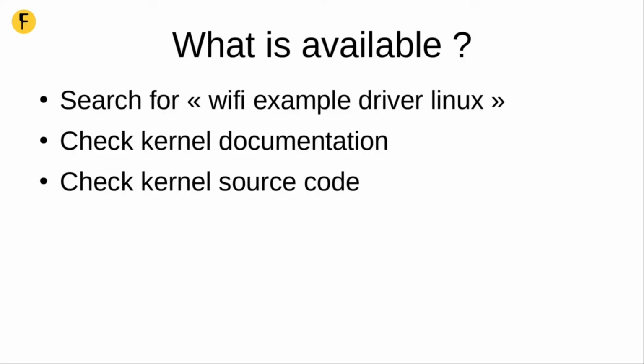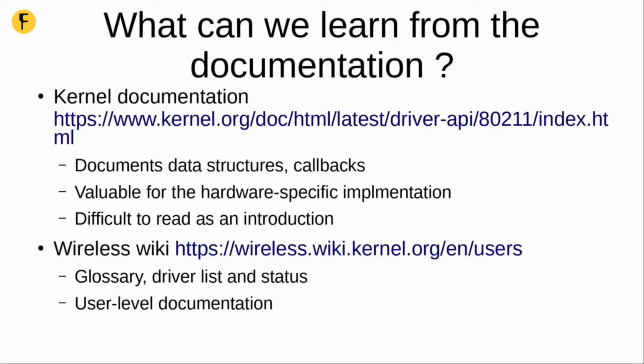Let's look into what is there in the kernel documentation. First, we do have the driver API documentation, which is quite detailed. We have a documentation of the data structures, callbacks, different fields, what they mean, and how you're going to model your hardware to the driver.